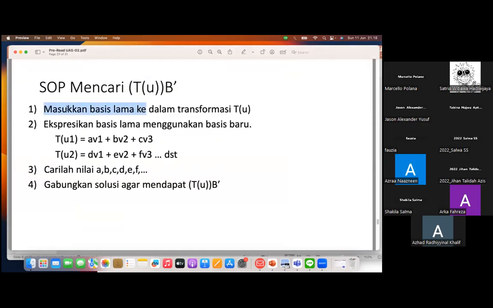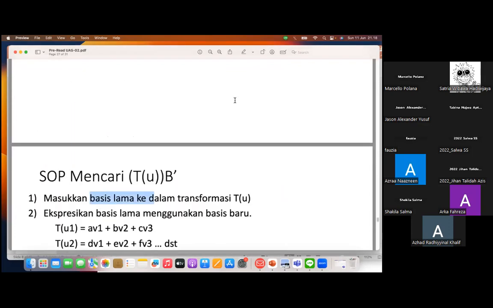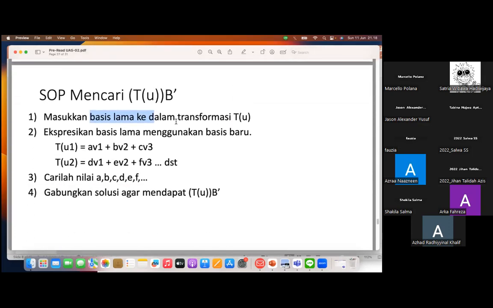You have an old basis. You input the old basis into the given transformation. And then you express the result as an expression of a new basis. So like this, V1, V2, V3 is the new basis.